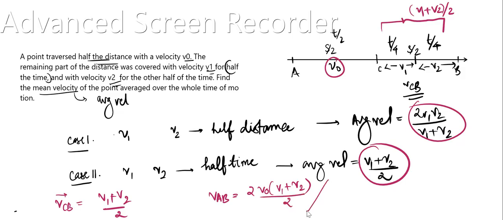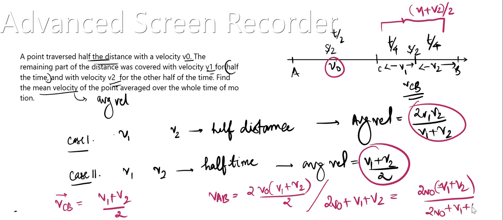This gives us 2v0 (v1 plus v2) divided by (2v0 plus v1 plus v2). This is the average velocity, or mean velocity, asked in the question for the whole motion.